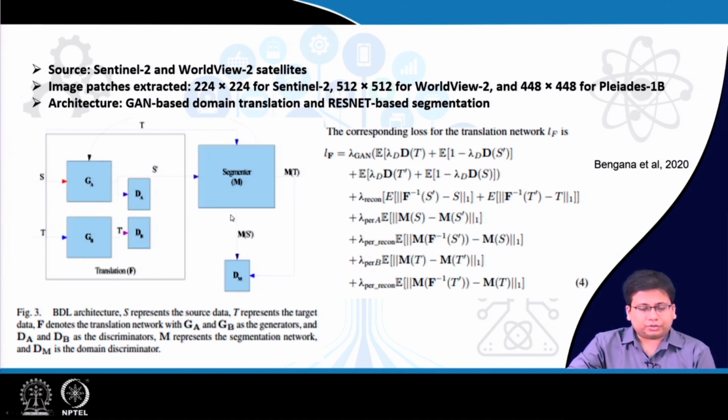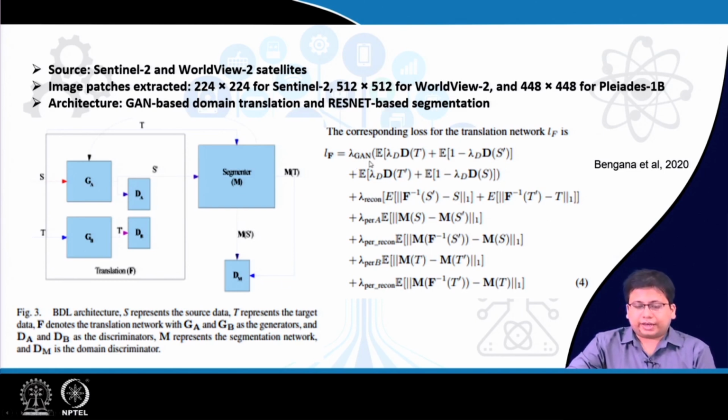The aim is of course to fool the discriminators: each of these generators tries to fool the corresponding discriminators, and the model itself tries to fool this domain discriminator, and the loss function is defined accordingly.